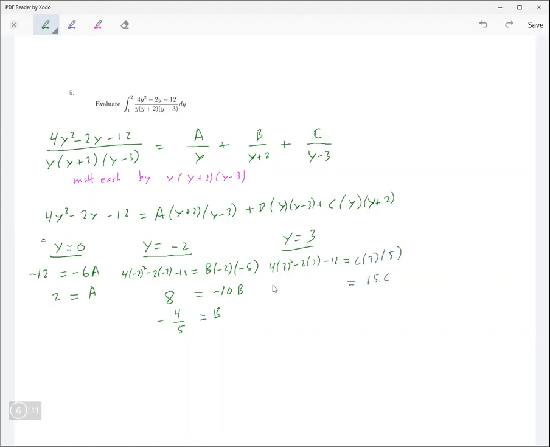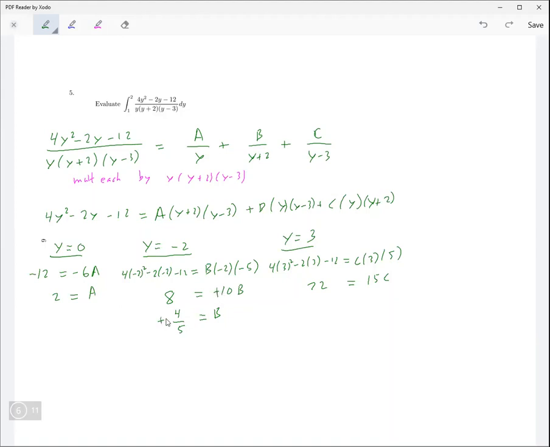So that's 15c is equal to, let's see, 9 times 4 is 36, minus 6 is 30... Oh, wait, I made a mistake here.